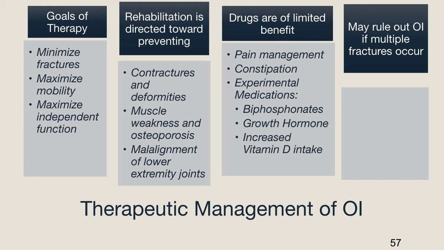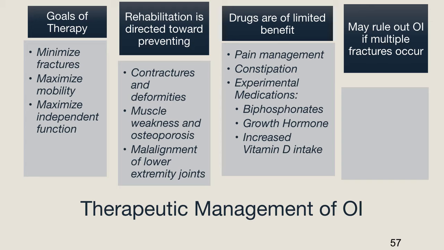And of course, the problem that goes along with that is constipation. There are some experimental medications being used, like bisphosphonates, the same drugs that we give to women with osteoporosis, growth hormone, and increased vitamin D intake to see if that will help make the bones a little stronger.